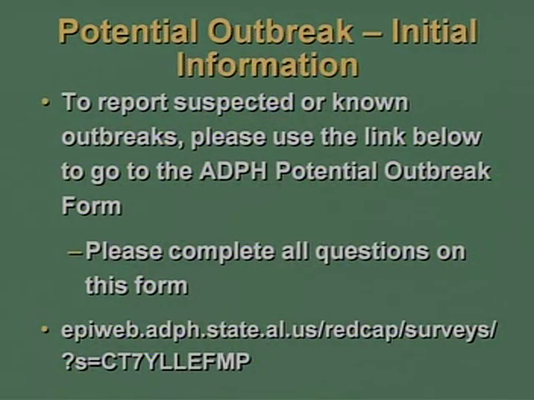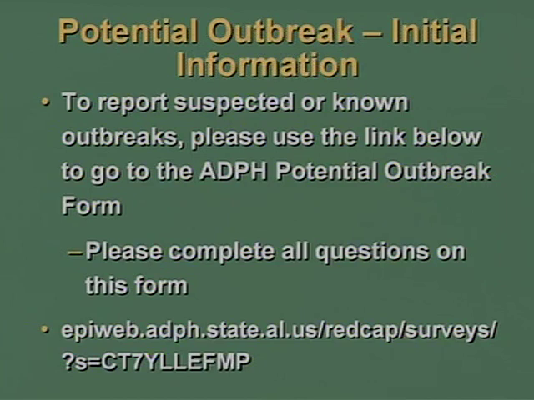Yes, I want to go back to the potential outbreak. A potential outbreak form is also on the school K through 12 webpage, and you want to report any suspected or known outbreaks, and we ask that you please use this link to complete this form.